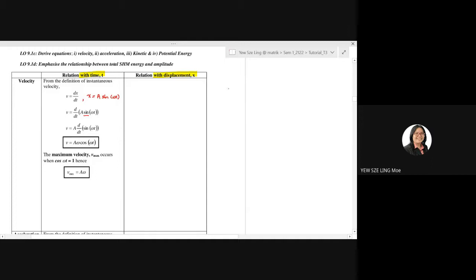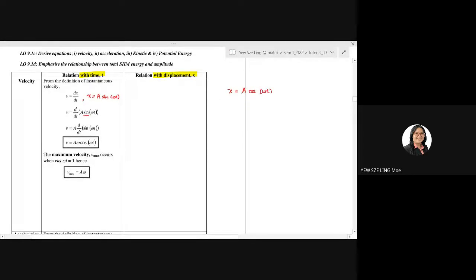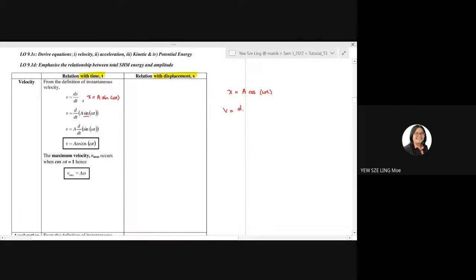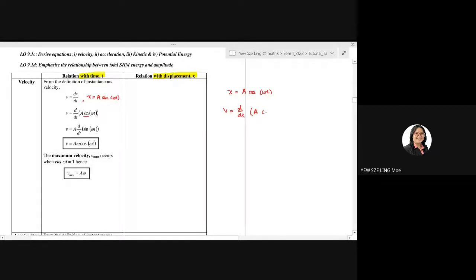Sometimes questions will give you x in terms of cos, x equals A cos omega t. So when you differentiate it, v equals d over dt of A cos omega t, you are going to differentiate cos rather than sine.